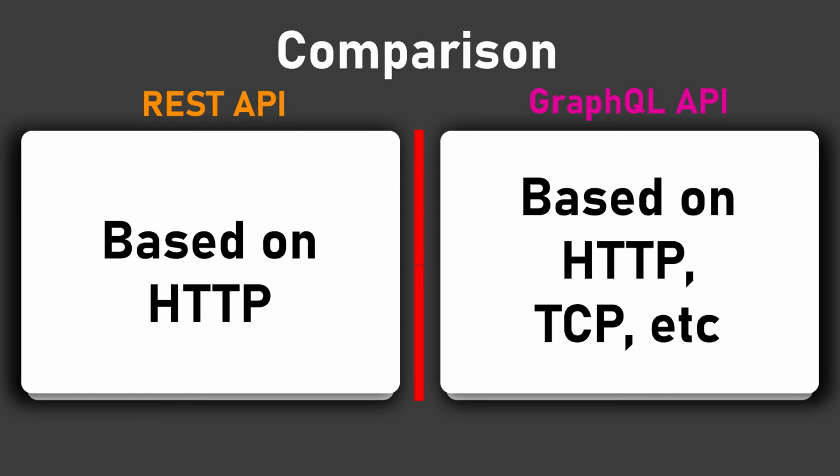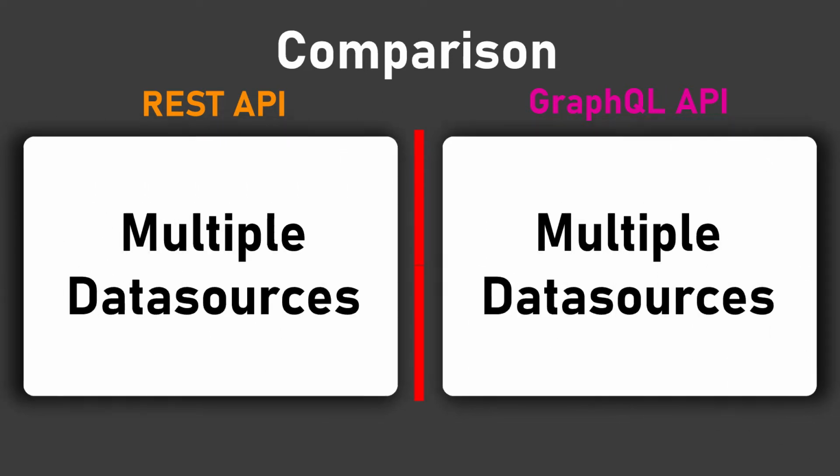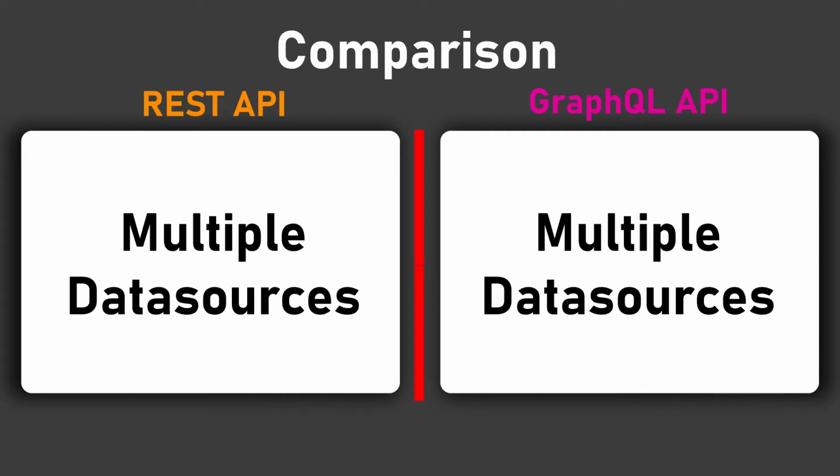Both the RESTful API and the GraphQL work on top of the HTTP protocol, but still GraphQL has many protocol supports under its hood. Different data sources are allowed on both REST and GraphQL APIs. You can have multiple different types of data sources like a database. You can have APIs on top of APIs as a data source in RESTful API as well as in GraphQL.